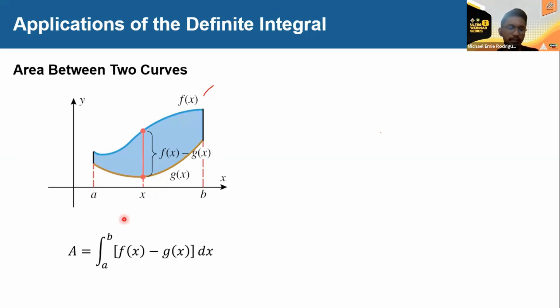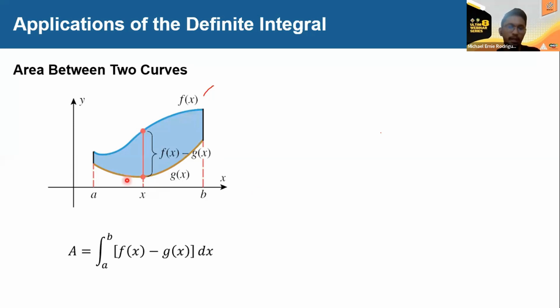So the area of that is the integral of f of x minus g of x dx with limits from A to B. Okay? So to simplify things, we have the upper curve and the lower curve. So ang formula natin for area will be the upper curve minus the lower curve.